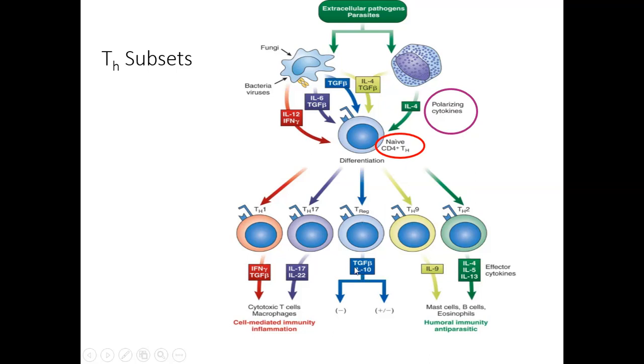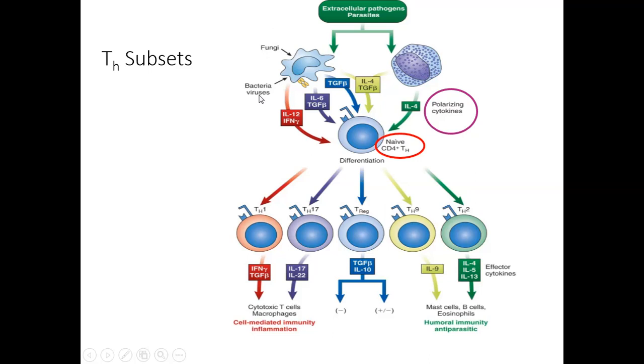And we remember there's going to be further release of that tumor necrosis factor along with some interleukins to suppress the immune response. In some cases you can actually have a pro-inflammatory response as well from T regulatory cells. But you can see how the T helper subsets are impacted by these polarizing cytokines released from the antigen presenting cells because of what they're presenting.